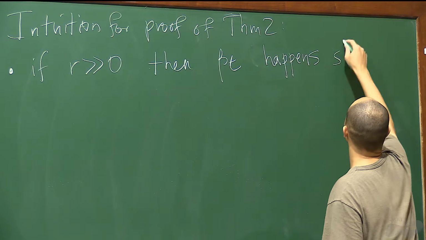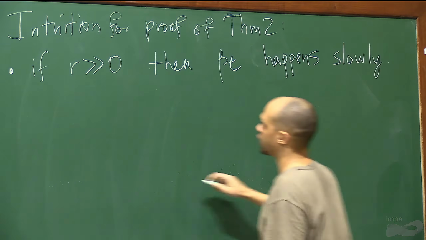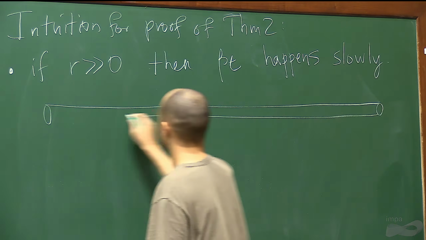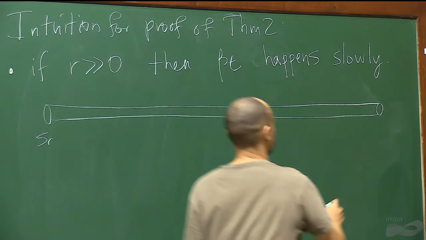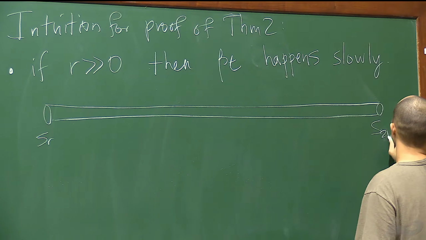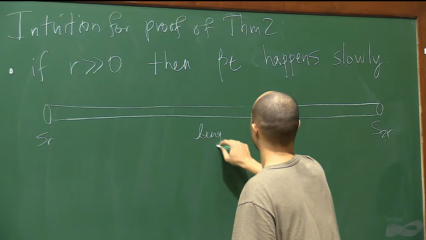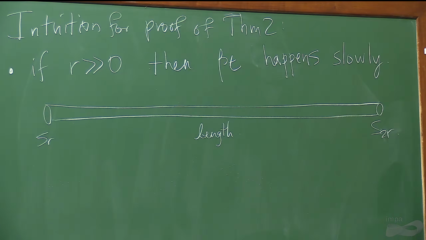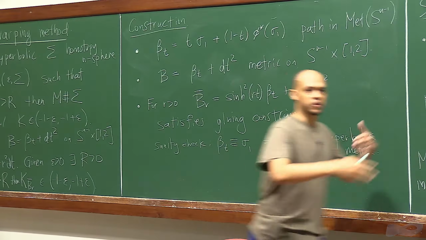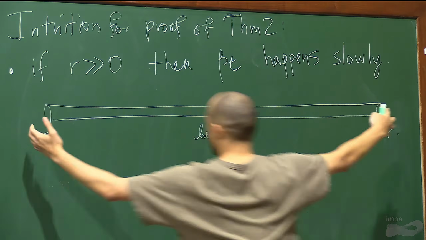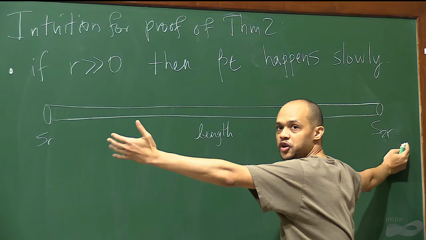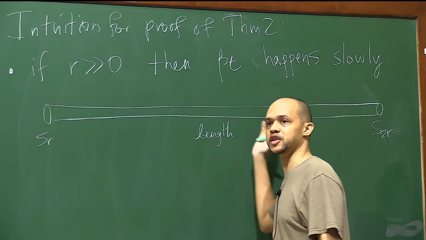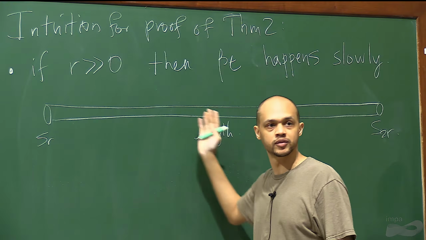It happens slowly. We have this one fixed path, but then we're varying R. The bigger R is, the longer this annulus is where we're interpolating, and so the slower the interpolation happens in terms of t. Okay?